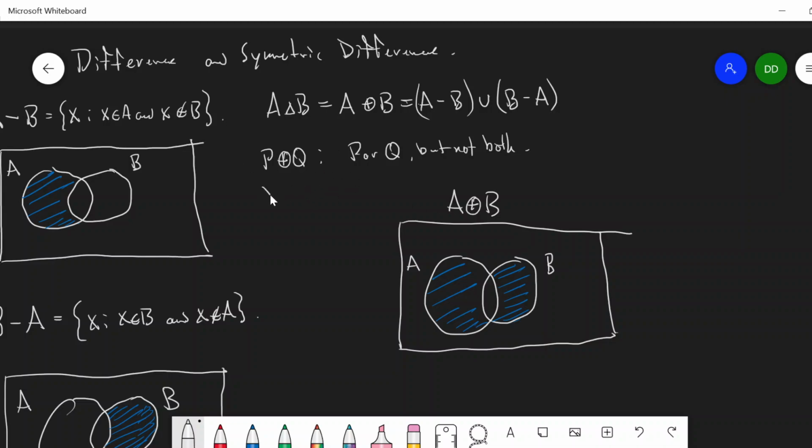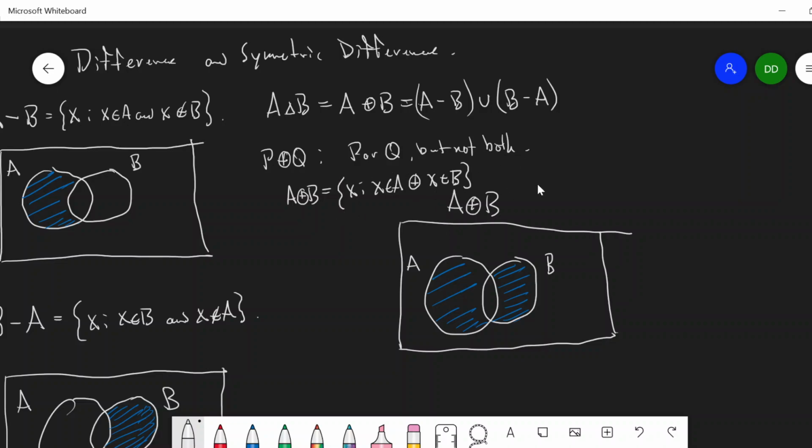That is, x is in the symmetric difference of A and B if and only if, or maybe I'll say it like this, I just want to write out with set builder that this is the same thing as the set of all x such that x is in A exclusive or x is in B. So x is in A or x is in B, but not both.